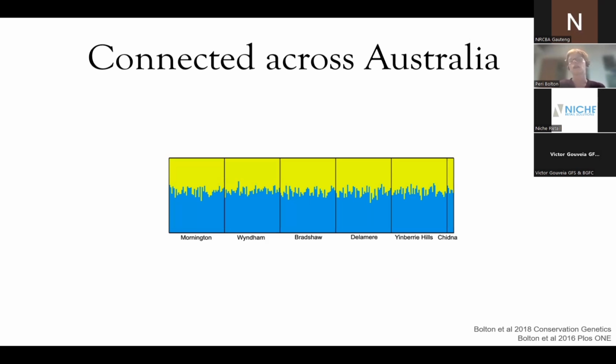We don't know about far Cape York or anything like that. They might be a bit different, but as far as we can tell, they're all the same thing, interbreeding freely, so the same gene over there in Western Australia is the same gene in the population in Queensland.